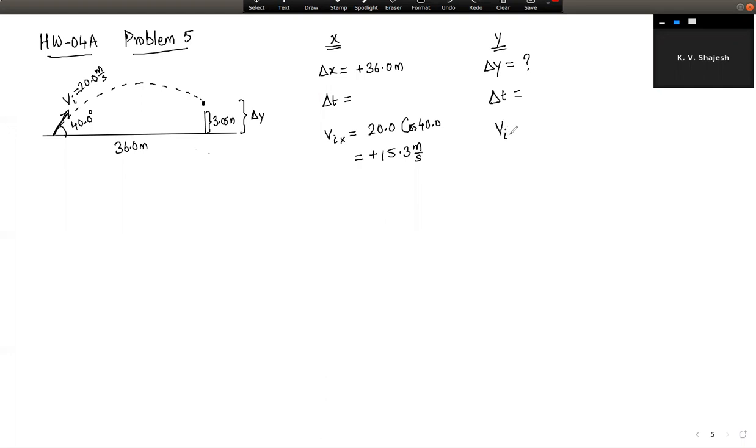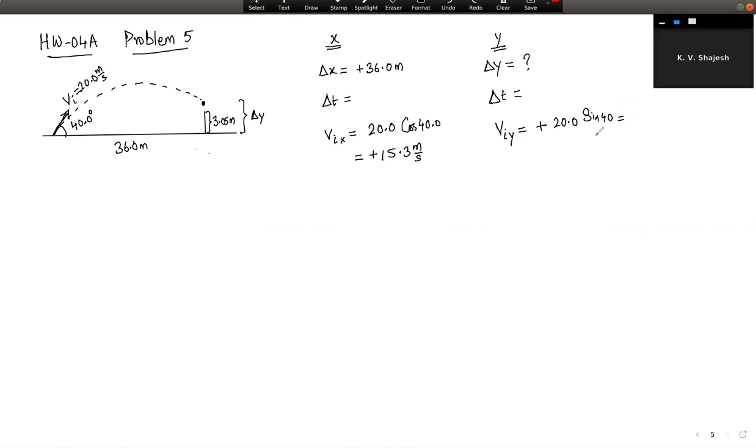The initial velocity in the y direction is equal to plus, because it's launched upward, it's plus 20.0 times sine 40, which is, sine of 40 again times 20.